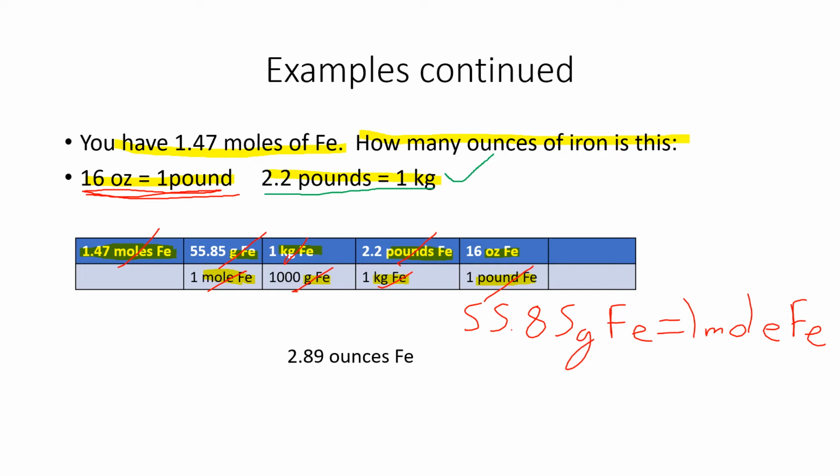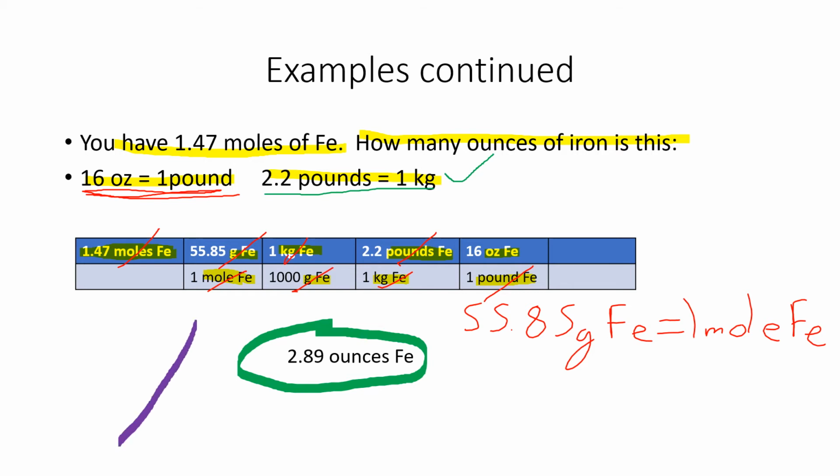And when you do that, your final answer will be 2.89 ounces of iron.